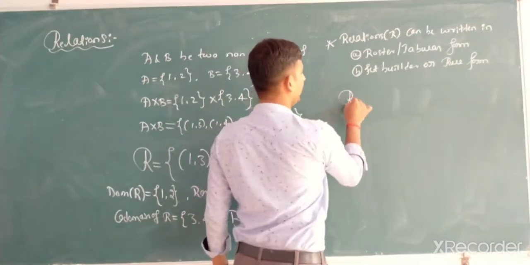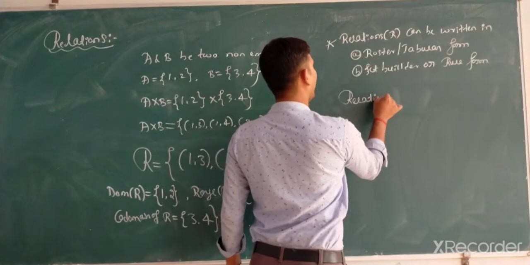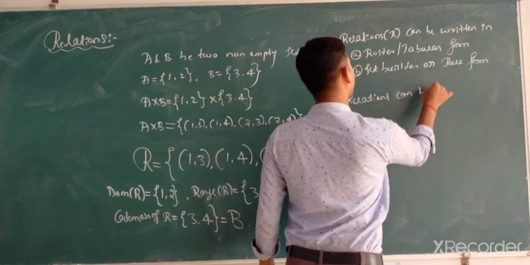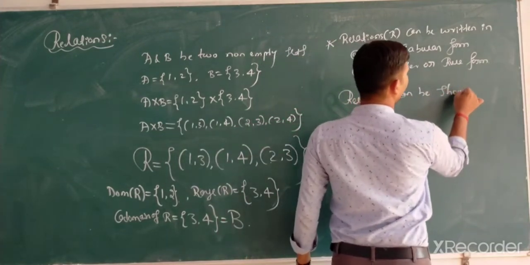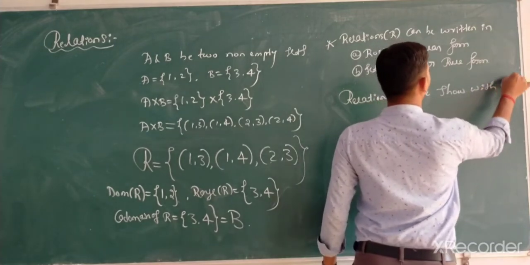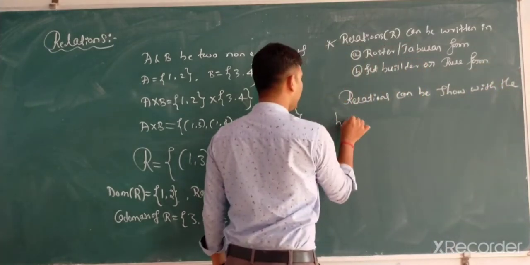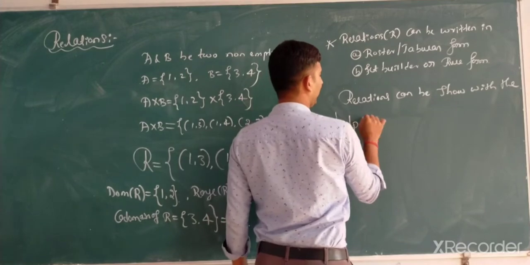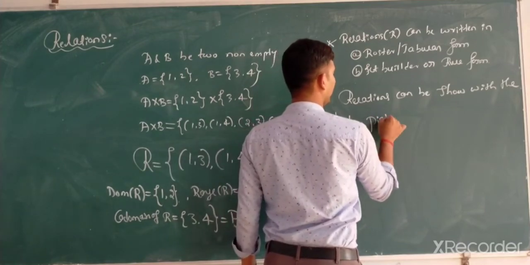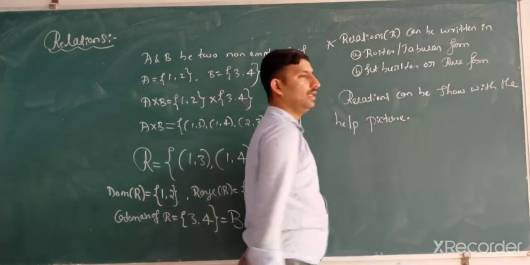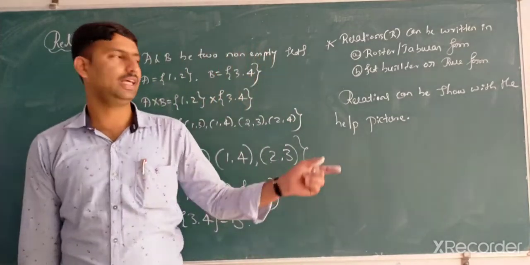Relations can be shown with the help of a graph, with the help of a picture. Relations can be represented with the help of a picture.